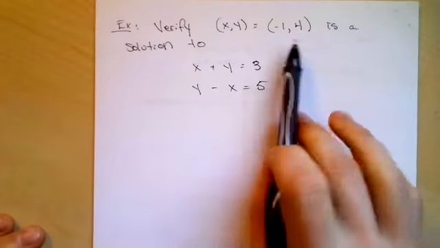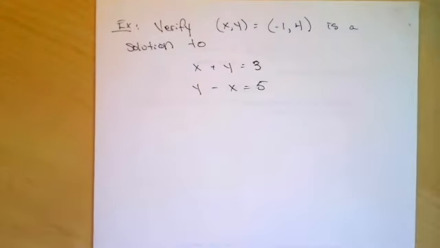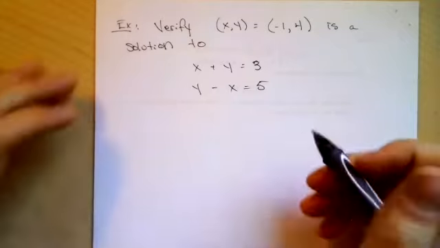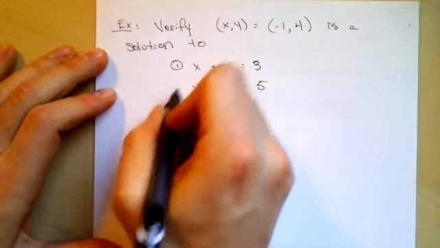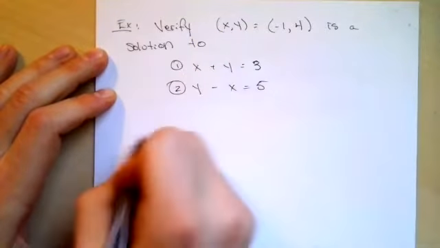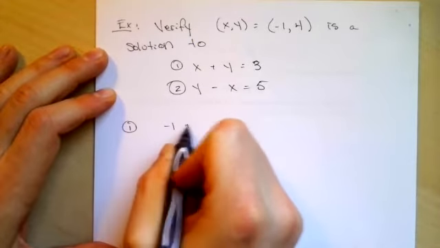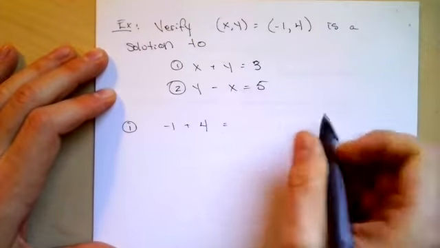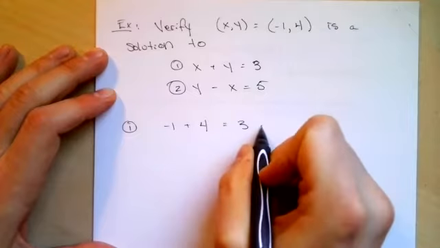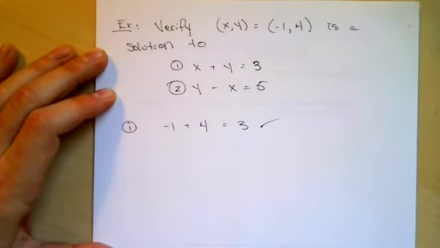How do we verify that something is a solution? Well, geometrically, a point is a solution if it is on each equation, if it is on each line defined by each equation. In other words, if we plug the point into equation 1, we get a true statement.